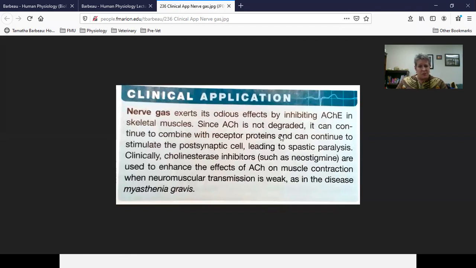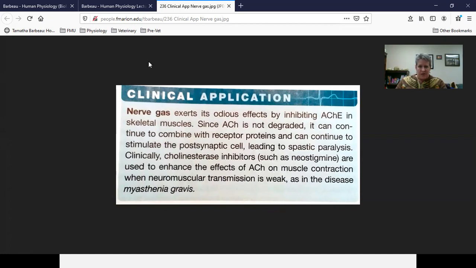It's not just skeletal muscles, it's anything that acetylcholine can signal. Clinically, cholinesterase inhibitors, oh look, they give an actual pharmacological drug that I'll talk about later. Neostigmine is used to enhance the effects of acetylcholine when people have disorders like myasthenia gravis.